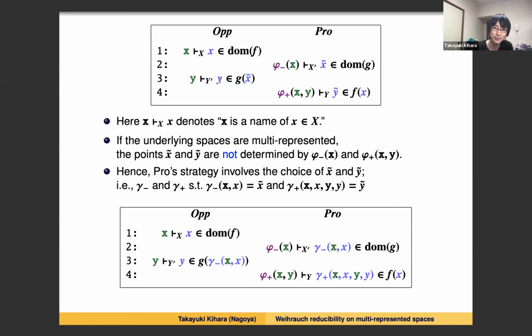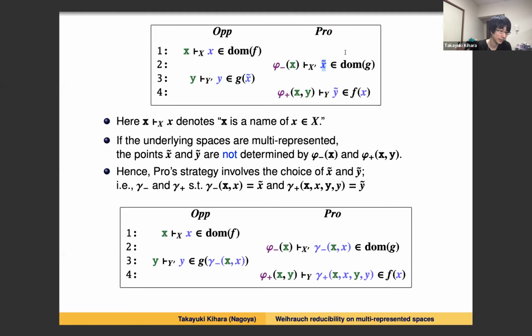I mean this part must depend on x tilde. But x tilde is not determined by phi minus x. So this is a problem. The information of x tilde must be explicitly given.